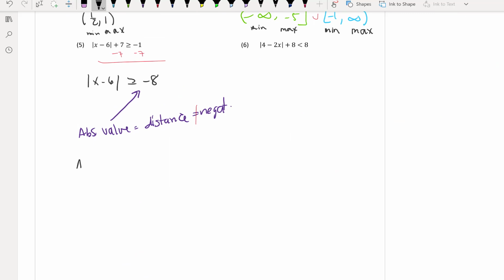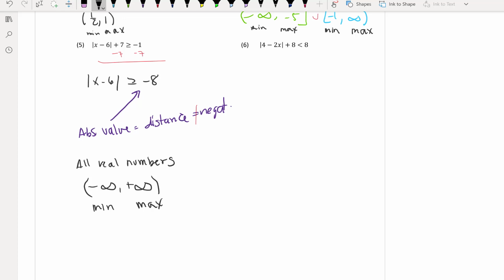So all real numbers. And it goes from -infinity to positive infinity for your minimum and maximum value for your interval notation.